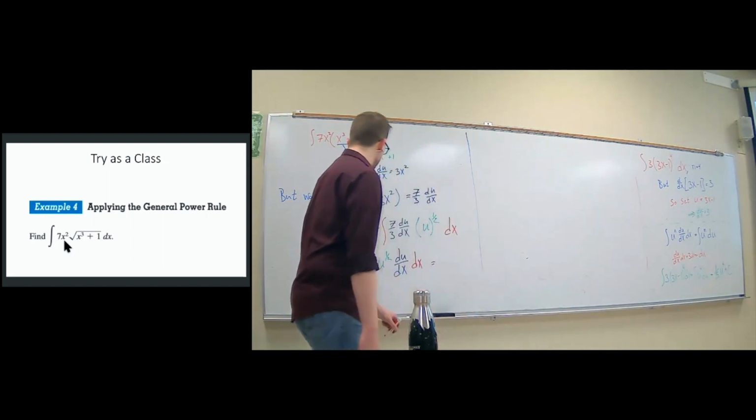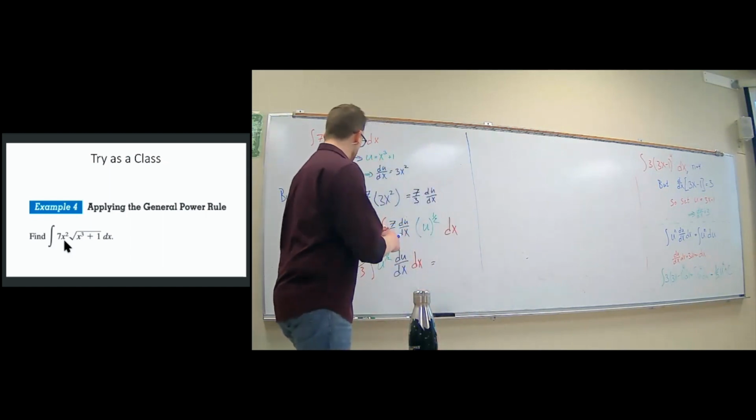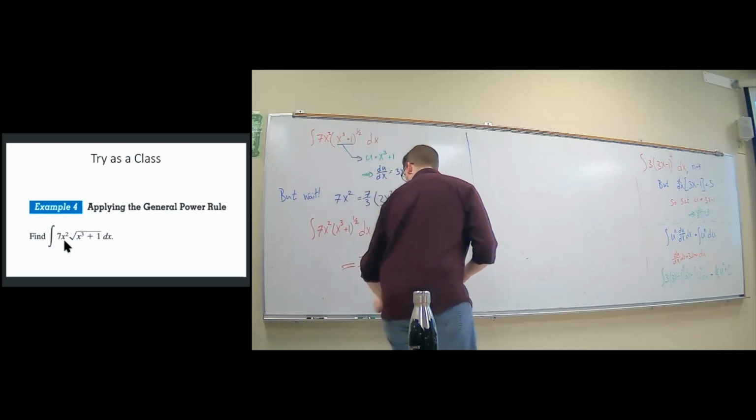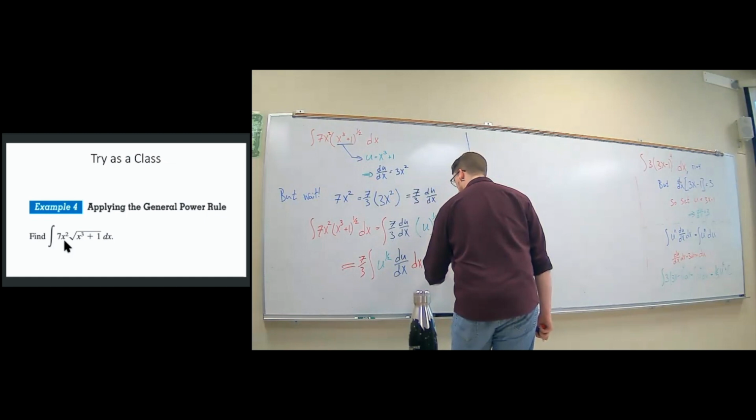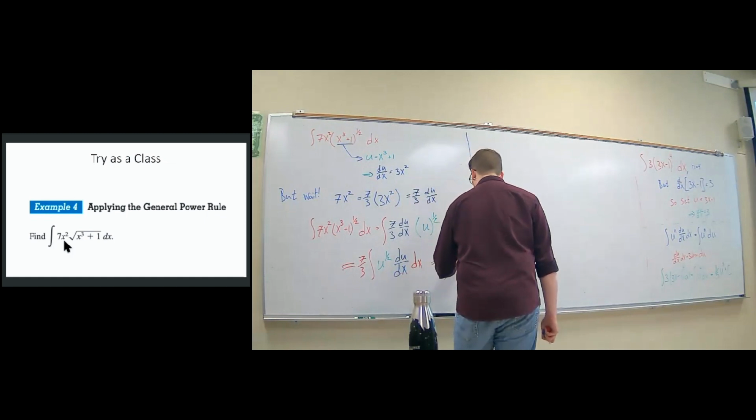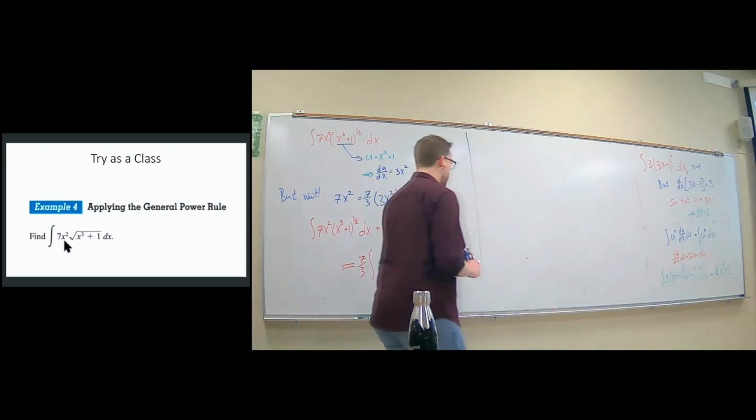And this is equal to the integral 7 over 3 times u to the 1/2 integrated with respect to d.